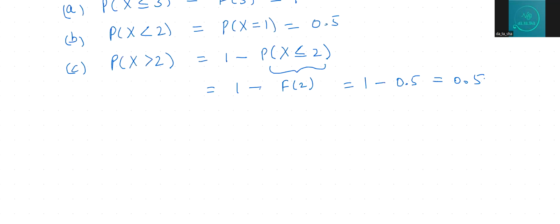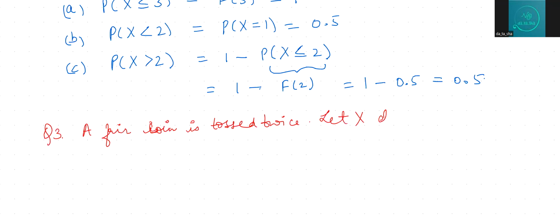I'll take another small question of the previous question that we have already taken, where we have already created the sample space. A fair coin is tossed twice. Let X, capital X, denote the number of heads.